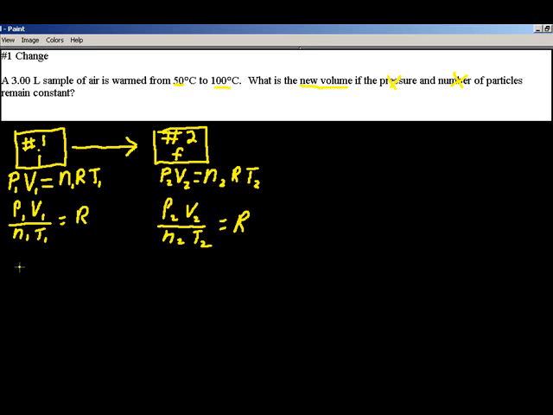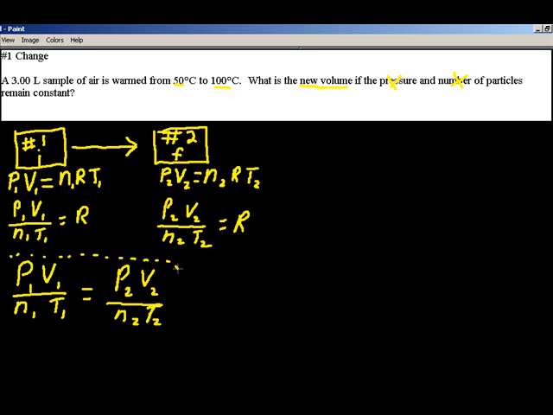So why don't we set the two equations equal to each other? And again, this is a thought process that we discussed in lecture. Now, this right here is your golden ticket.